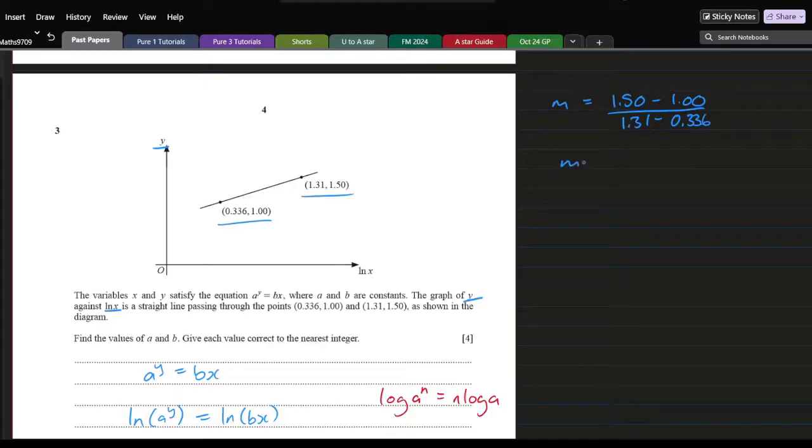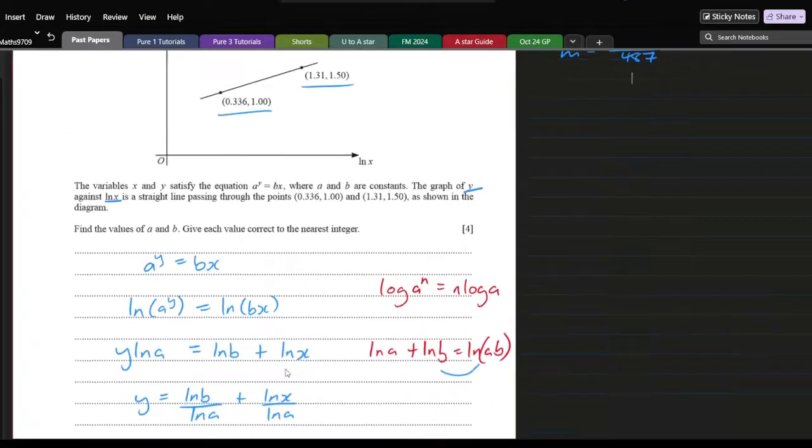So m is equal to, let's punch that into the calculator, 1.5 minus 1 over 1.31 minus 0.336. This gives us 250 over 487. This is our gradient m.